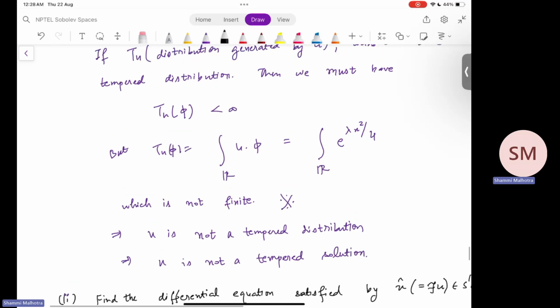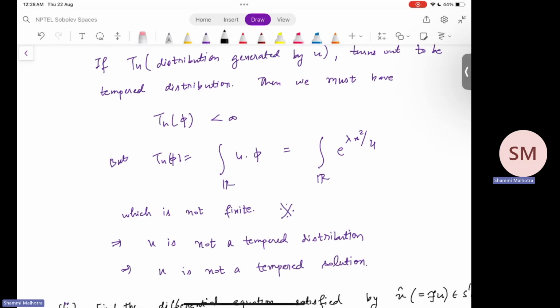So why are we interested in a distribution being a tempered distribution? The benefit is that sometimes when we are not in a position to directly calculate the Fourier transformation of a function, but I know that this function has a Fourier transformation and can be seen as a tempered distribution, I know that the function can be seen as a solution of some ODE, and to that ODE I can apply the Fourier transformation and convert it, translated, to another ODE, in which the solution is actually nothing but the Fourier transformation of our original function.